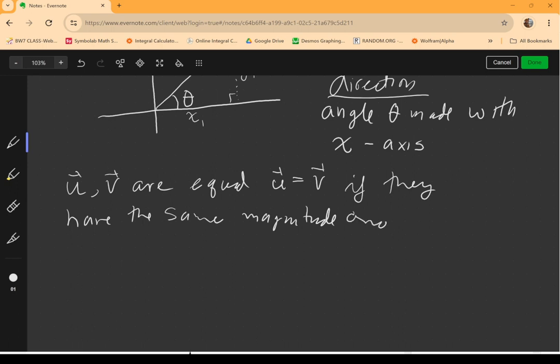The direction is important as well, because they could have the same length but point in different directions.